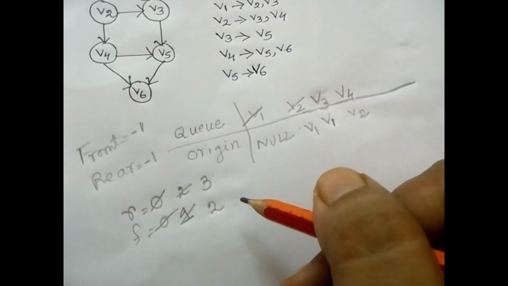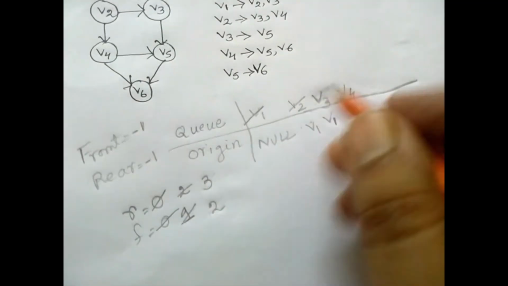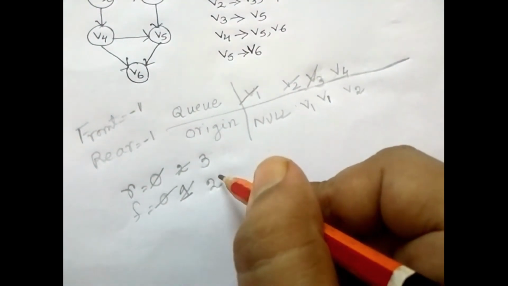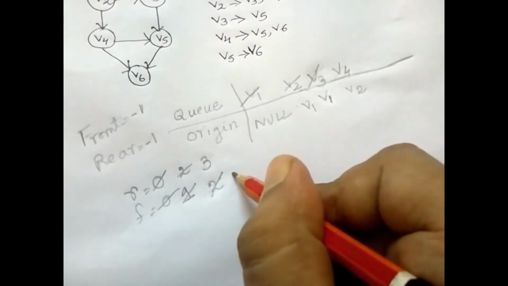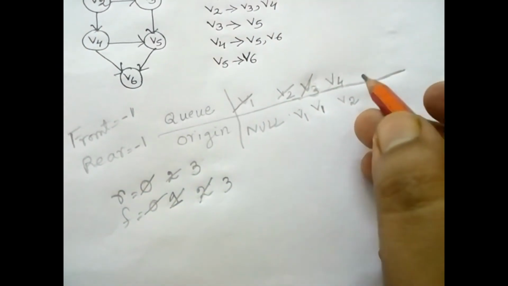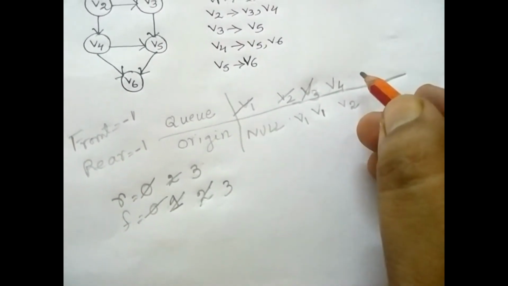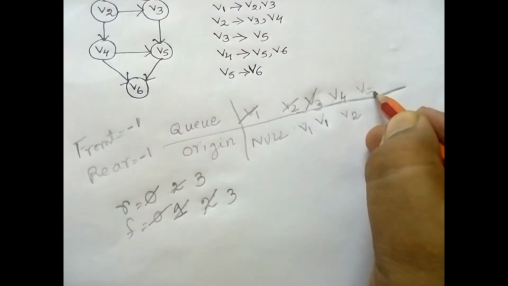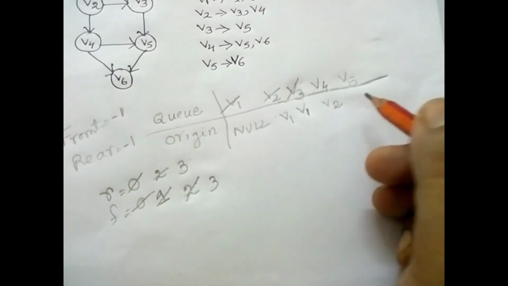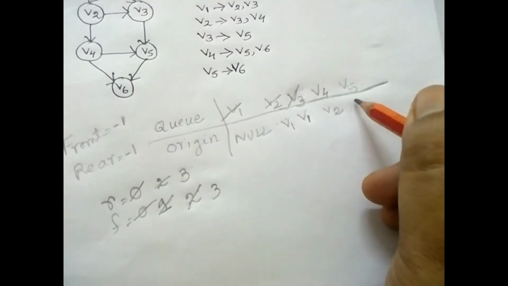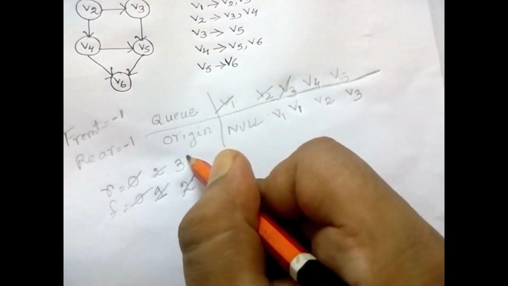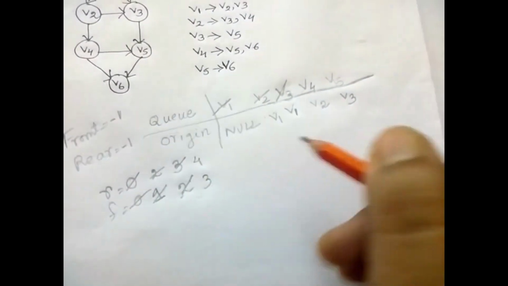Then go to the next step, remove v3 and perform front equal to front plus 1. Front becomes 3 and insert v5 to Q, because v3 arrow v5. And the origin of v5 is v3. Clear? So rear becomes 4.